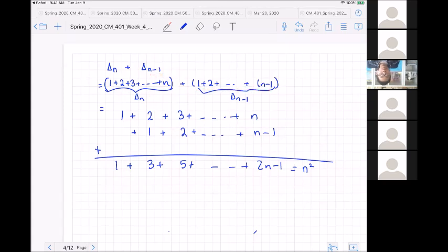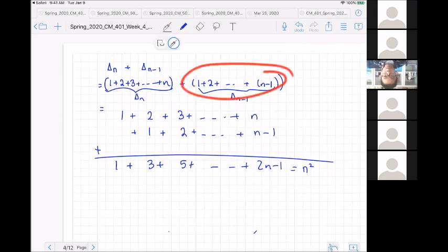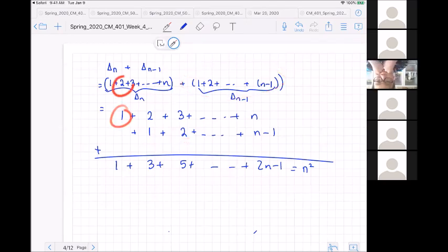And then what I did was I wrote them out in this form, 1 plus 2 plus 3 and so on. And then I write the next term here, plus 1 plus 2, so I added 1 plus 1, that is 3, 3 plus 2, that's 5, and all the way to n plus n minus 1.